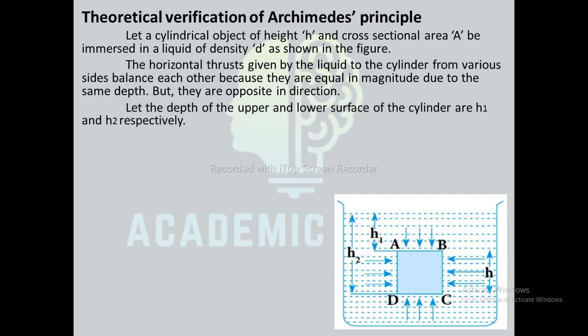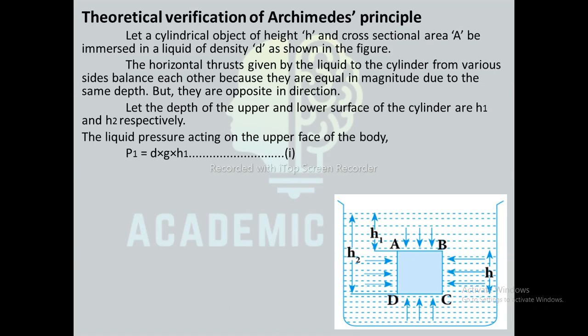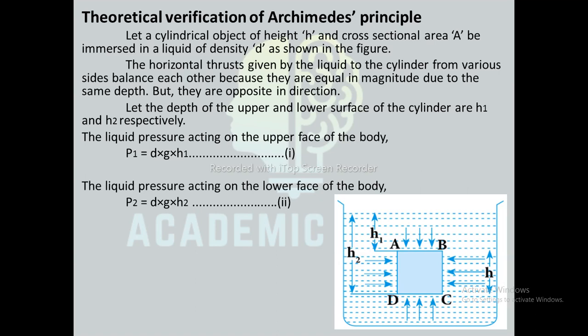Let the depths of the upper and the lower surfaces of the cylinder be h1 and h2 respectively. The liquid pressure acting on the upper face of the body, P1, equals d into g into h1. Similarly, the liquid pressure acting on the lower face of the body, P2, equals d into g into h2.